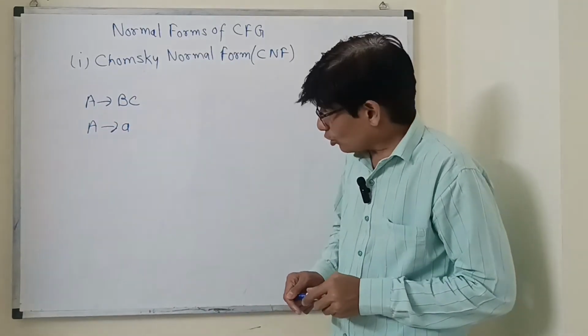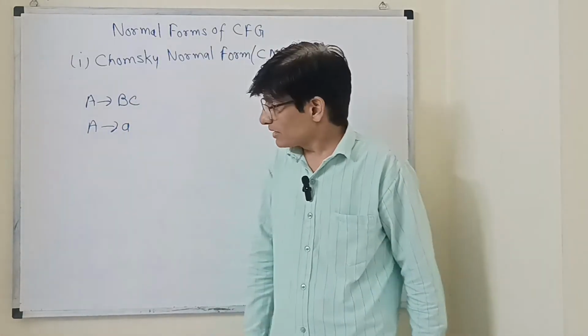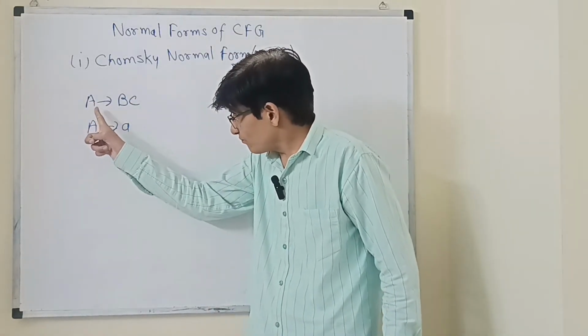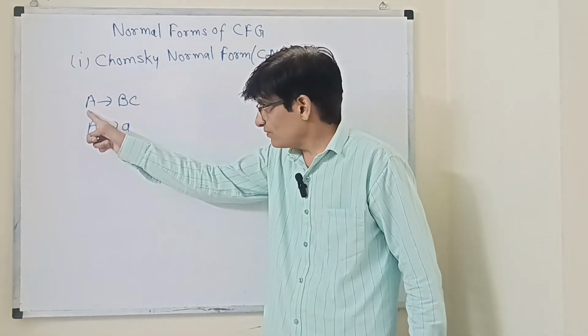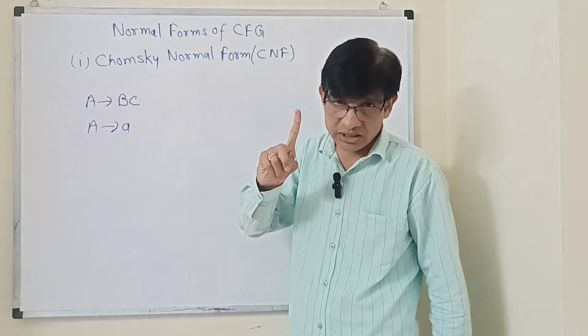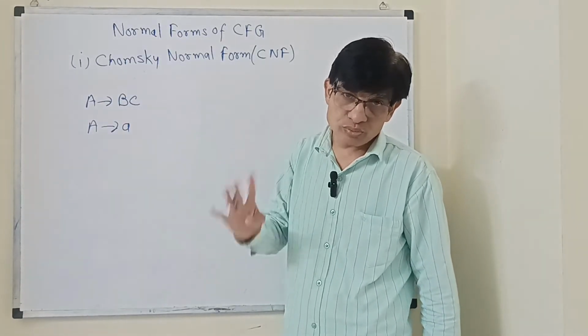That means only two types of productions are possible in Chomsky normal form. In the first format, the left hand side has only one variable, and the right hand side has exactly two variables.